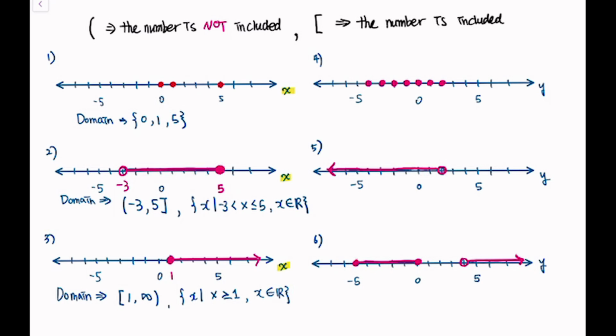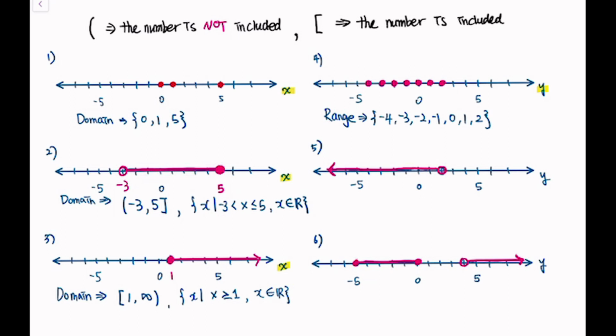Graph number 4 has the discrete relation, and it represents all the y values. So now we can write about the range. There are two ways to write the range of the line graph. First, we can write all the values explicitly using the curly parentheses: -4, -3, -2, -1, 0, 1, and 2.